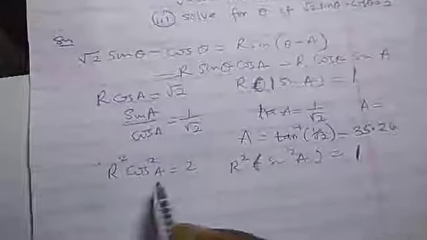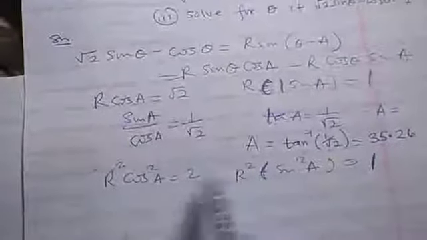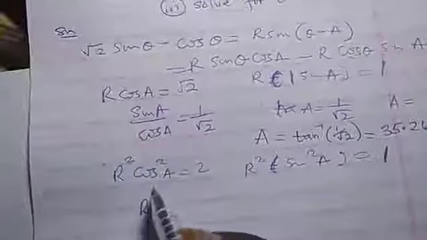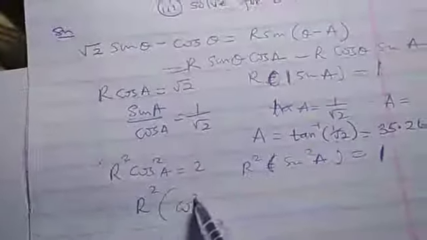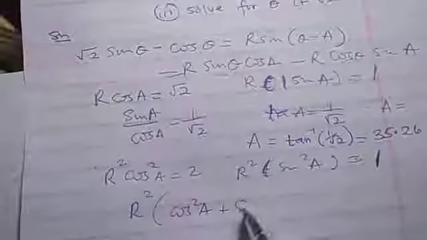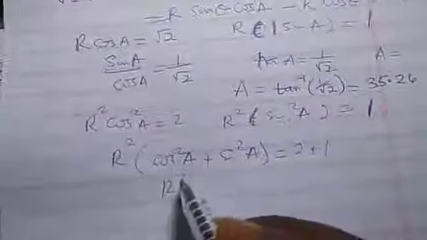If you add it together, you will see that cos square plus sin square is 1. So we have r square into cos square a plus sin square a is equal to 2 plus 1. This one is 1 already. In that case, r square is equal to 1 plus 2, which is 3.